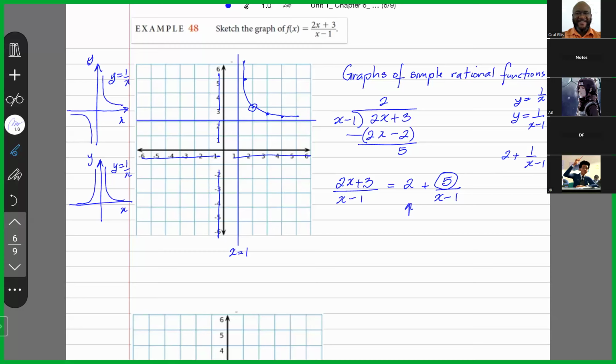All right, and the other half of the graph would look something like this. This here, this actually should be here. This should be here. This should be here. So it would look something like this.